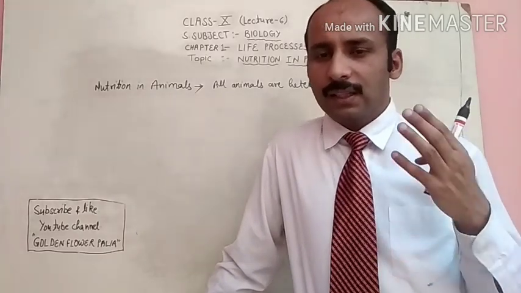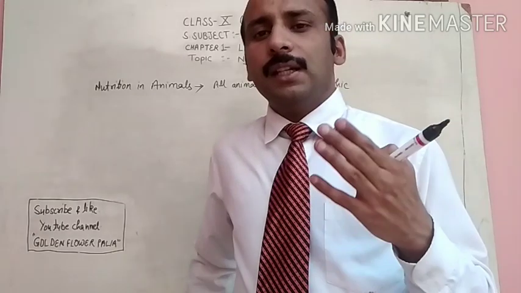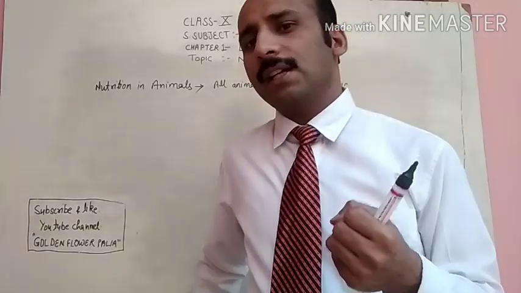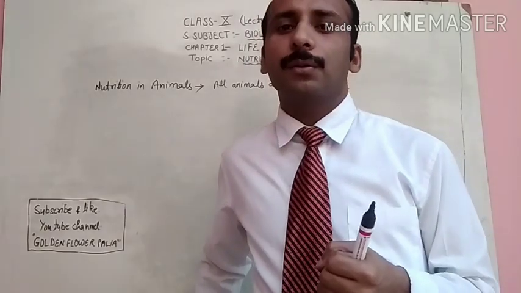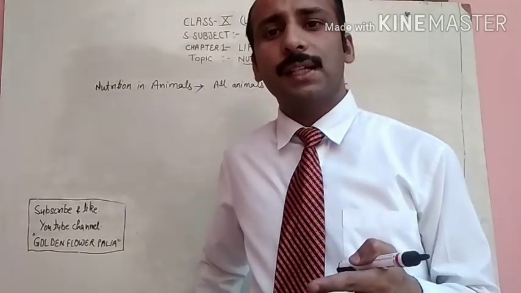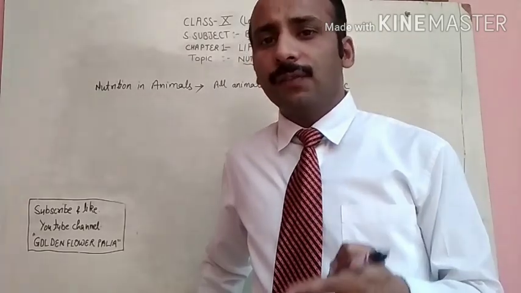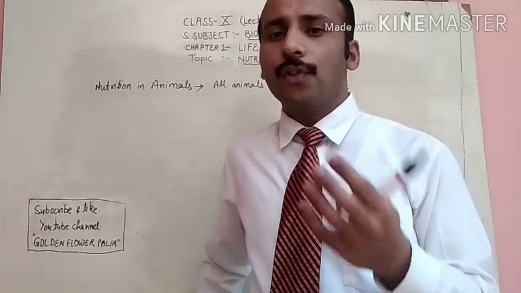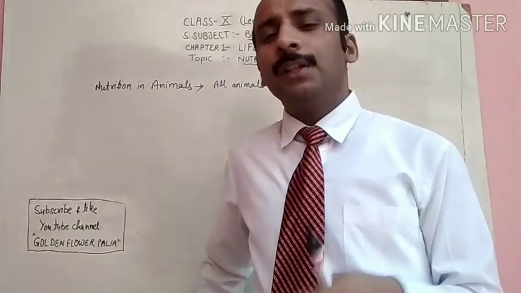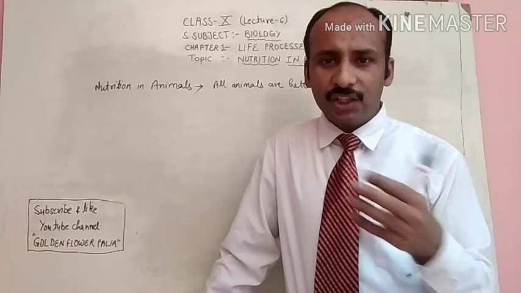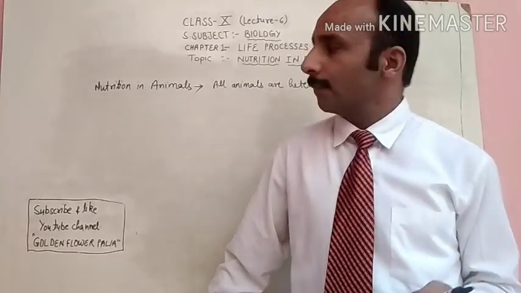It means they are called insect eaters or carnivorous plants because they catch the insects for the fulfillment of nitrogen, because those plants grow in very nitrogen deficient soil. So for fulfillment of the nitrogen amount, they catch and digest the insects.